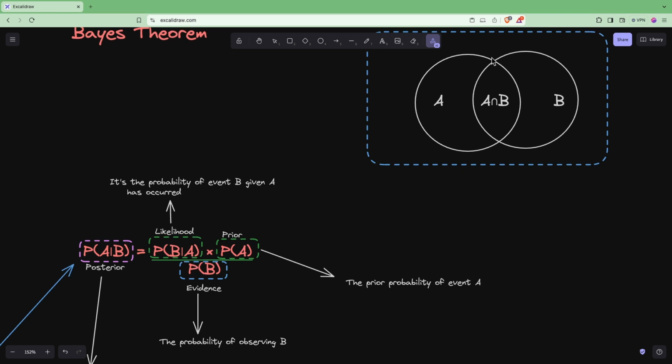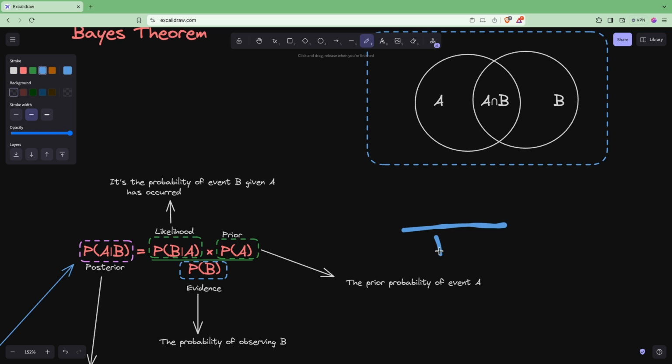The probability of this event occurring. So in the sample space we would take the probability of the event, which is nothing but B. So what will we take? The sample space of probability.